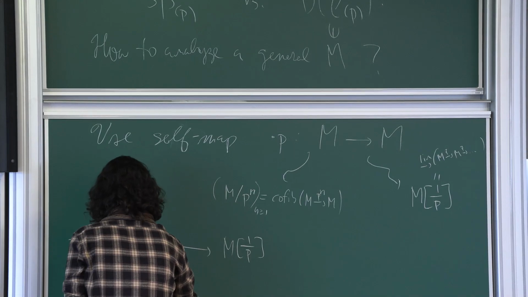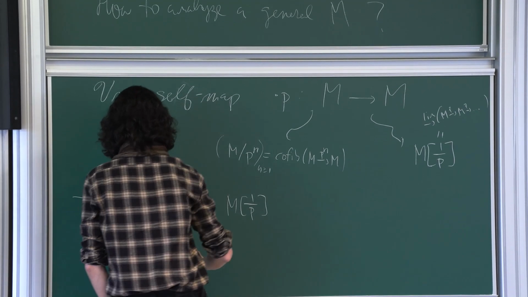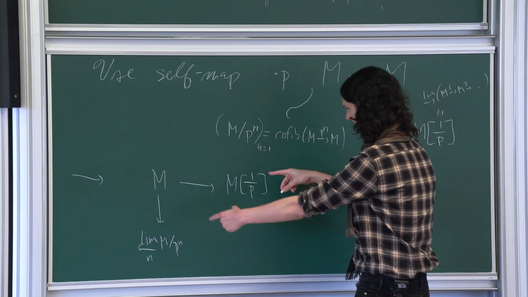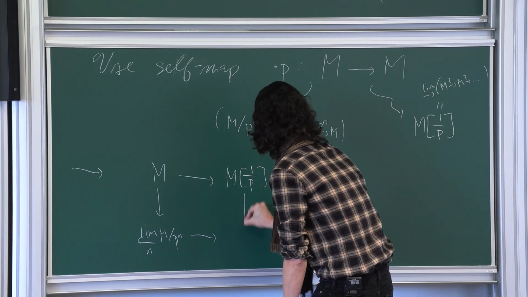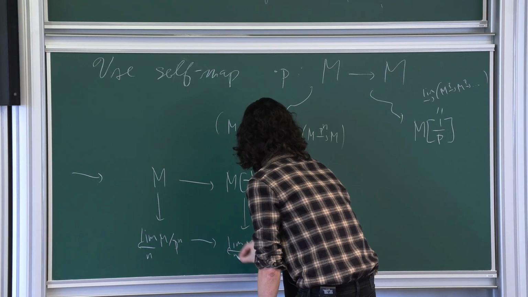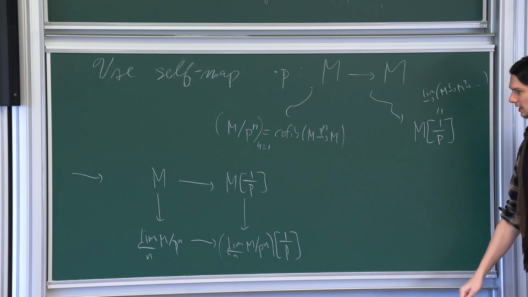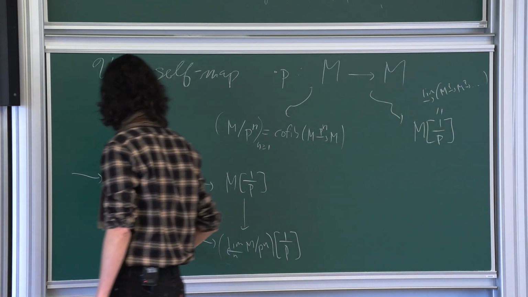You can take the limit of this tower, and that's the p-completion. And then they're glued along some common locus, which is where you take this and then invert p on the outside. And then this is actually a pullback square.